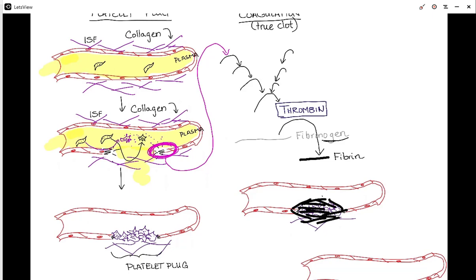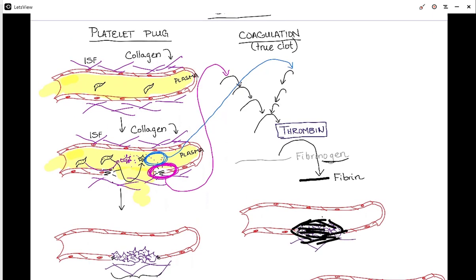The other thing that activates a pathway is going to be stuff secreted by the platelets. So the platelet secretes not only the platelet activating factor, but also something that activates the coagulation cascade from a different starting point. Again, they both lead to the same end game.